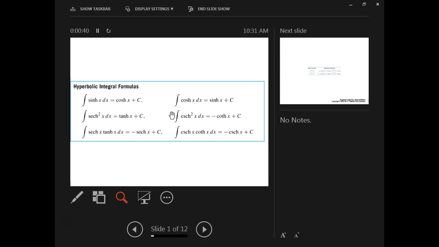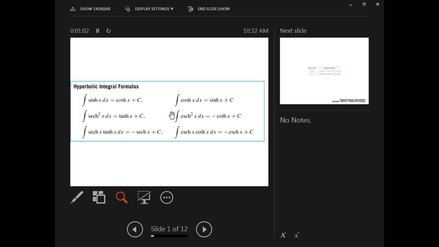The integral of hyperbolic sine is hyperbolic cosine plus c. The integral of hyperbolic cosine is hyperbolic sine plus c. The integral of hyperbolic secant squared is hyperbolic tangent plus c.